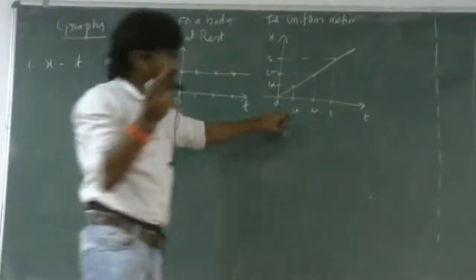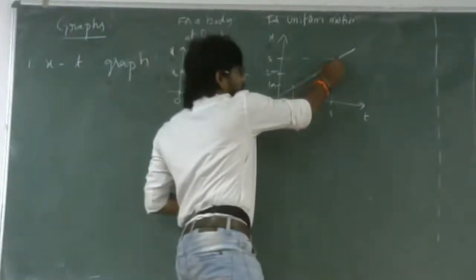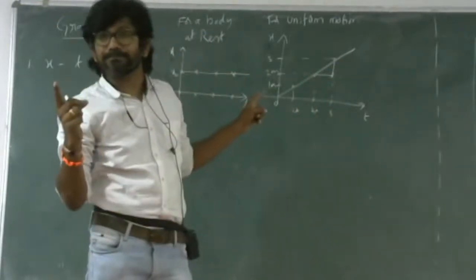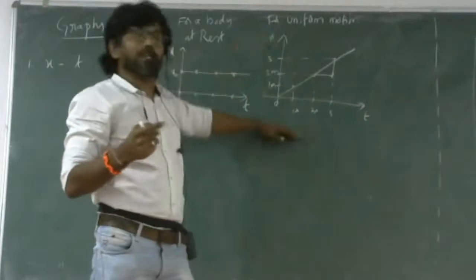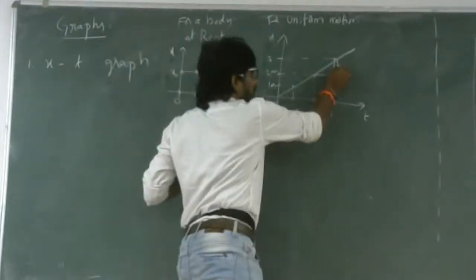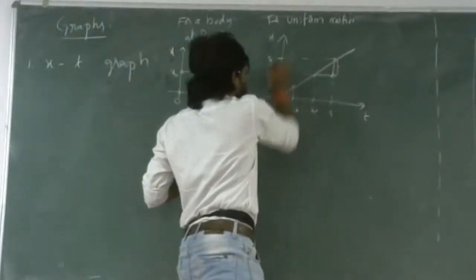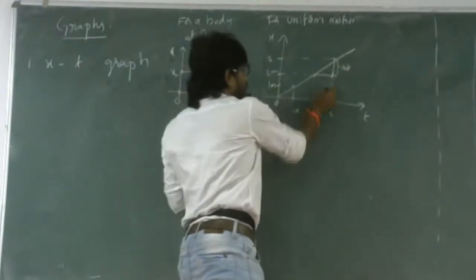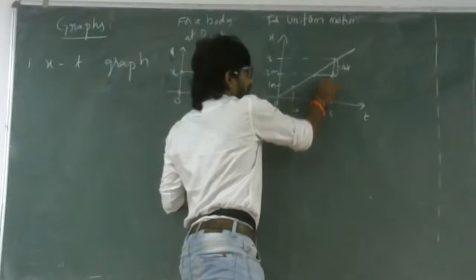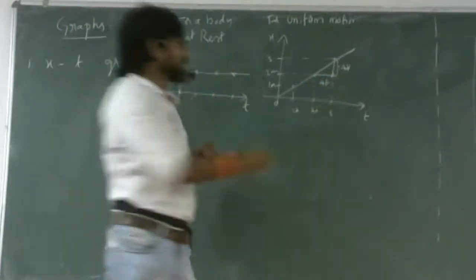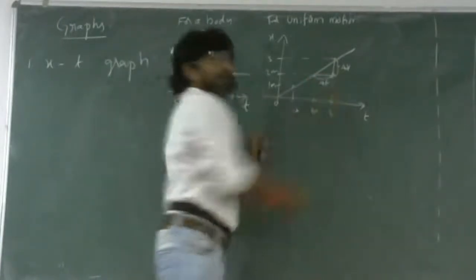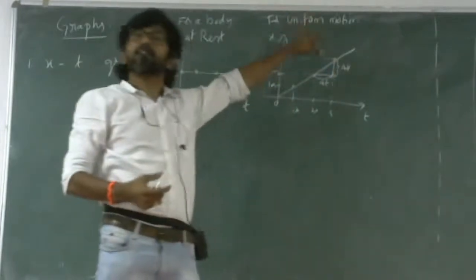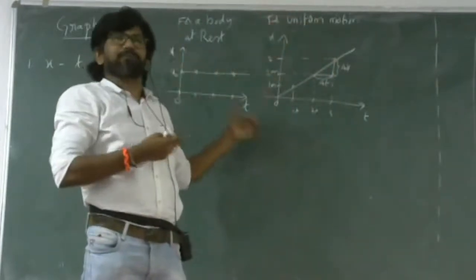And we have also discussed that the slope of the position time graph gives what? Velocity. Slope is nothing but change in y coordinate. This is x1, x2, the difference is delta x. This is t1, t2, the difference in time is delta t. So the slope of the position time graph gives delta x by delta t, that is the rate of change of position. This gives velocity.